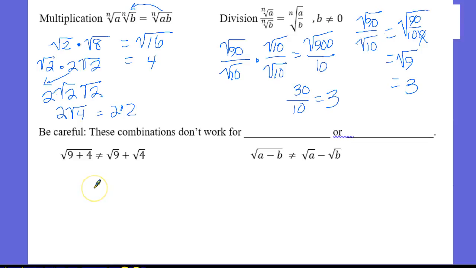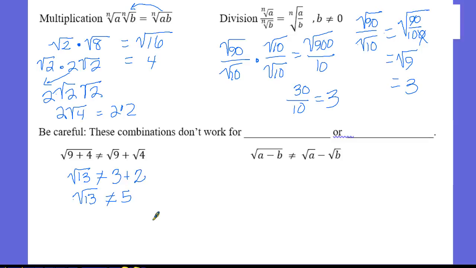Okay, because you can see that it's not true if we sit here and simplify. The square root of 9 plus 4 is the square root of 13, which is not a nice, beautiful, perfect square. And over here, we would do the square root of 9 is 3, plus the square root of 4 is 2. So basically, we're saying that the square root of 13 does not equal 5.